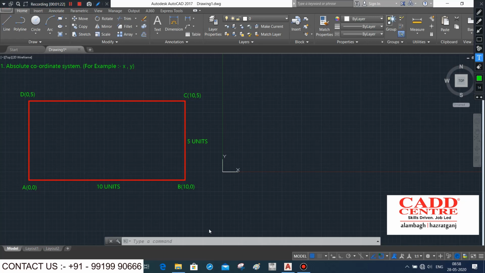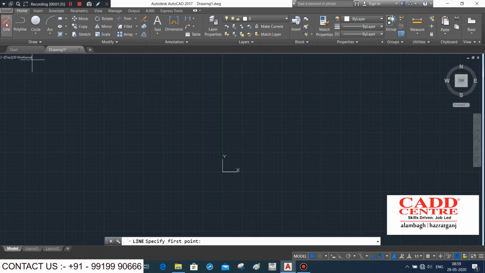Now we will see how we can draw this rectangle by using absolute coordinate system. For this, first we have to choose line command. After choosing this line command, we will provide the starting point. So we will provide the first coordinate of that rectangle, means point A, that is 0, 0.